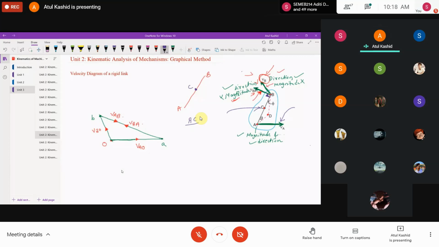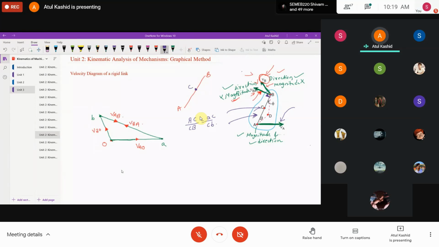AC upon CB, right? So C is dividing the length here, AB. So here in the velocity diagram, I can write down this as AC upon CB, right? So this is called as the configuration diagram, right?